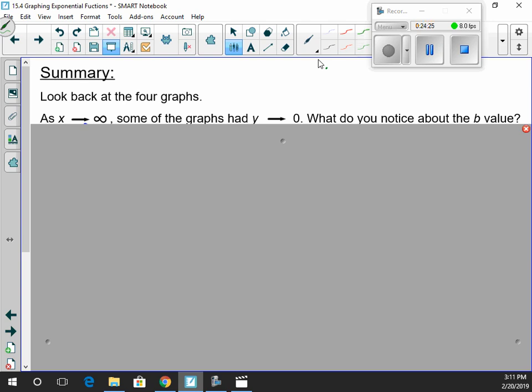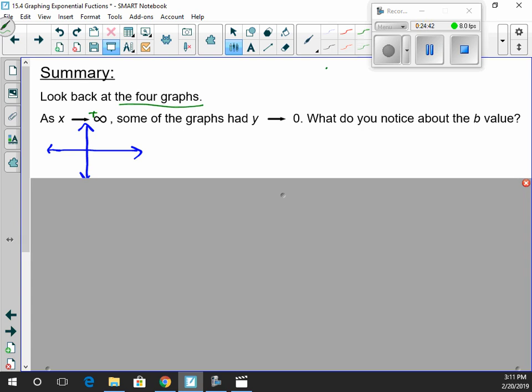So it says, look back at the 4 graphs, and as x approaches positive infinity, some of the graphs had y approaching 0. What do you notice about the b value? Well, let's be real clear about what we're talking about. As x approached positive infinity, some of the graphs had y approaching 0.